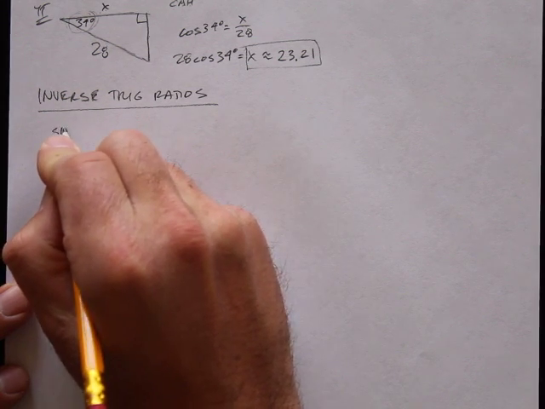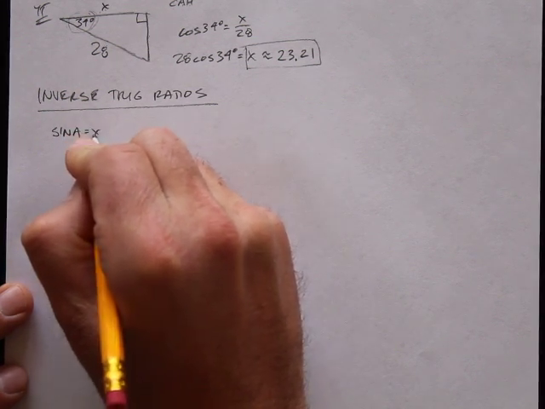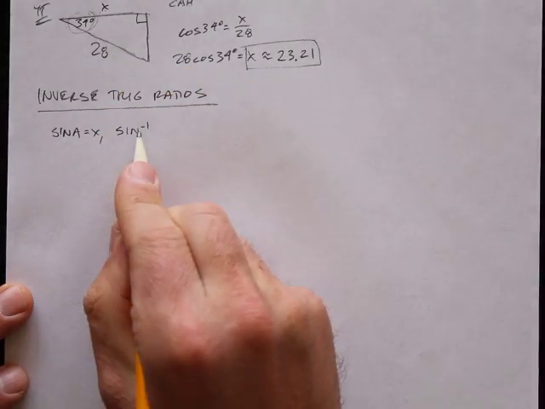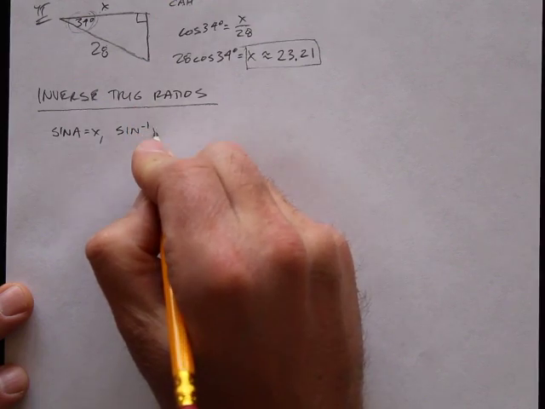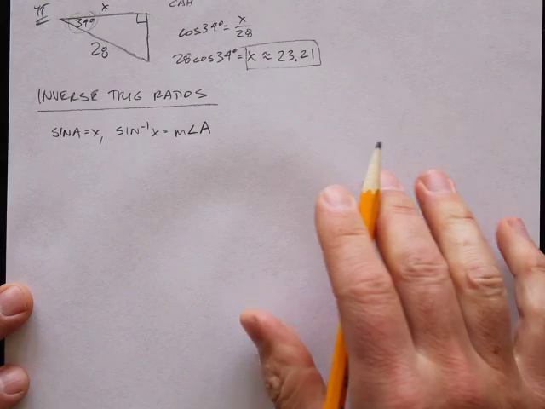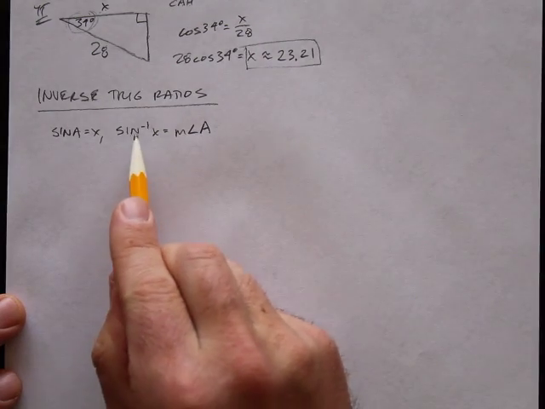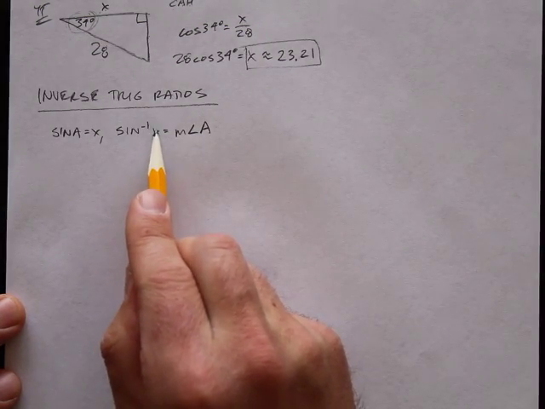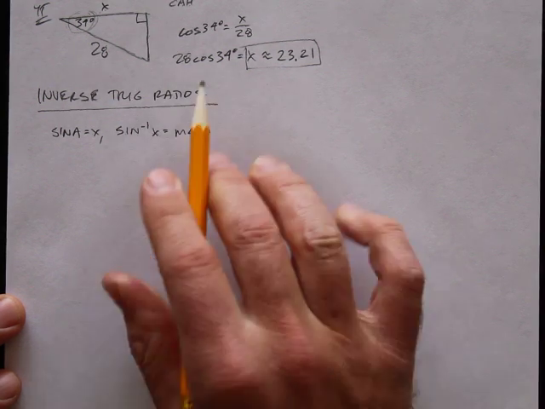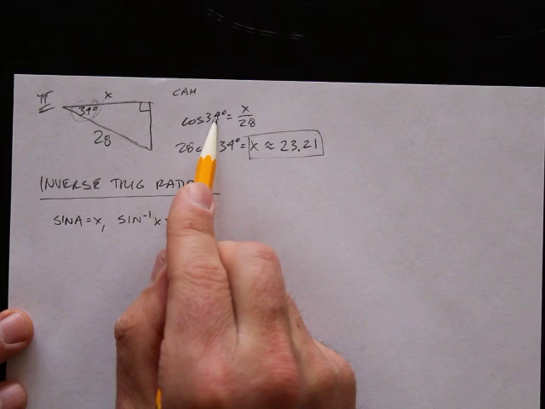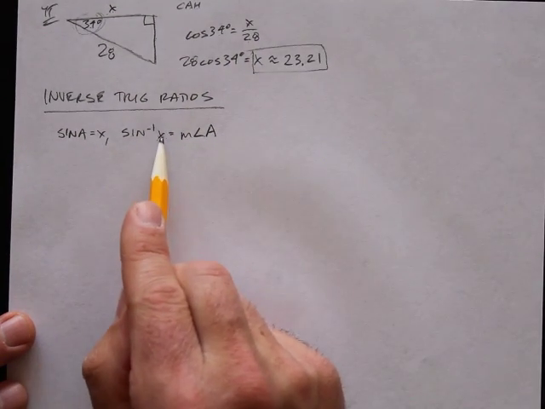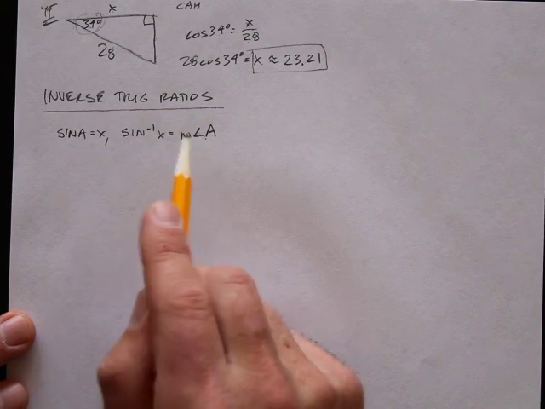If sine of A equals x, then inverse sine of x equals the measure of angle A. So what we're doing here is we put the ratio in and we get the angle out. Before, we were putting the angle in and getting the ratio out. Now we're putting the ratio in and getting the angle out.